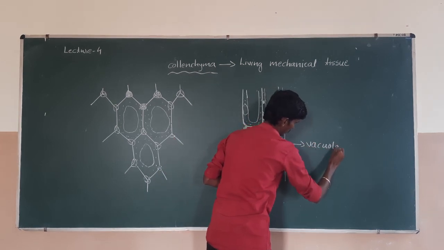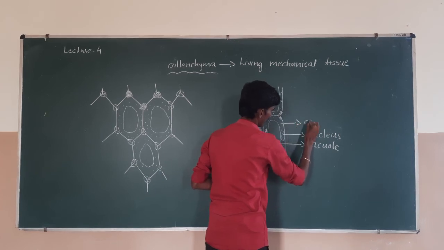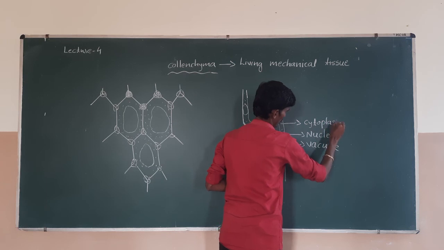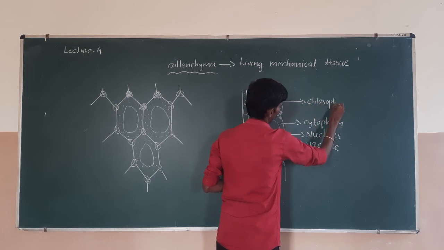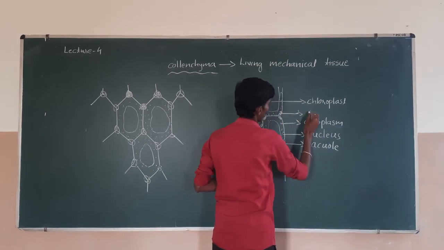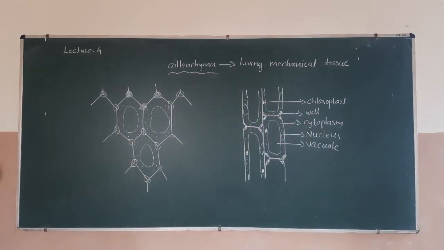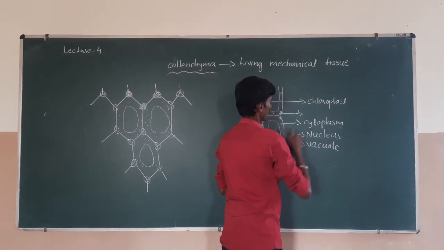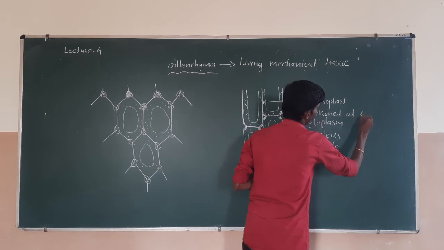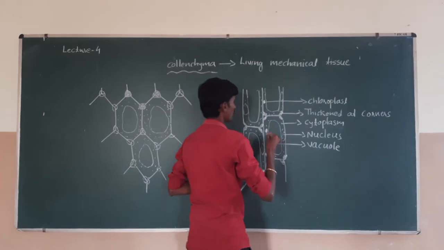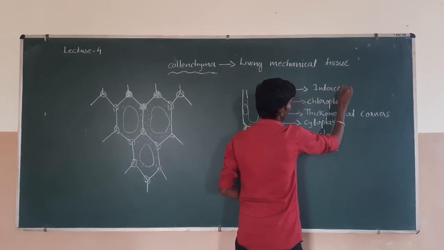Nucleus, cytoplasm, and chloroplast. It is thickened at the corners, and it also has little intercellular spaces.